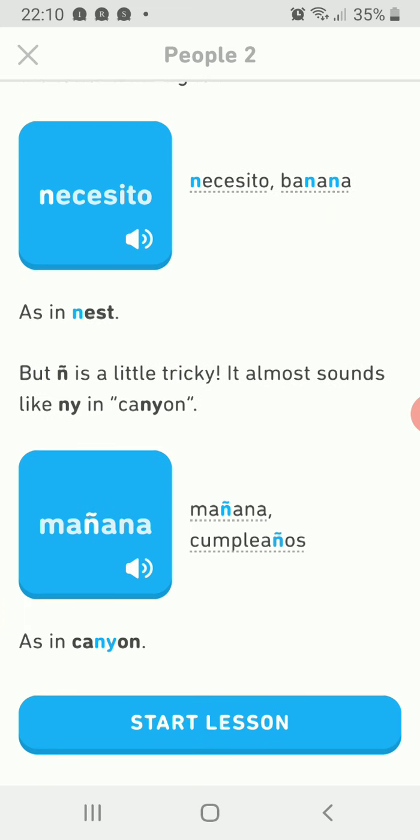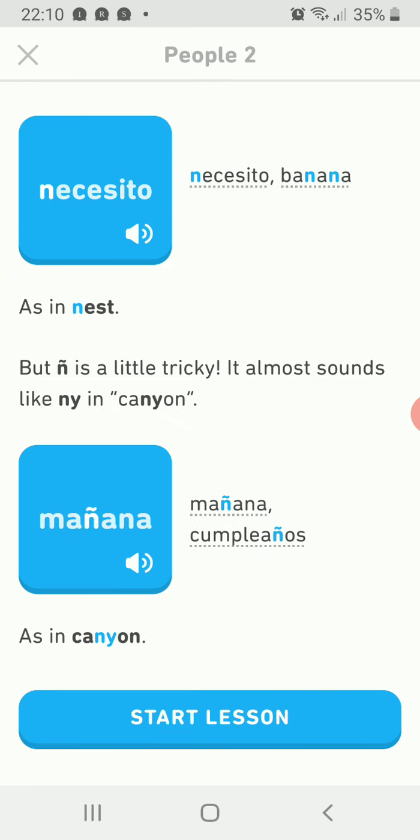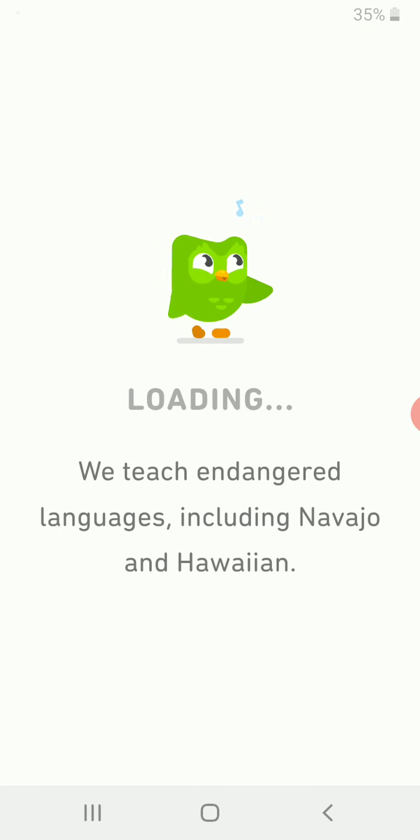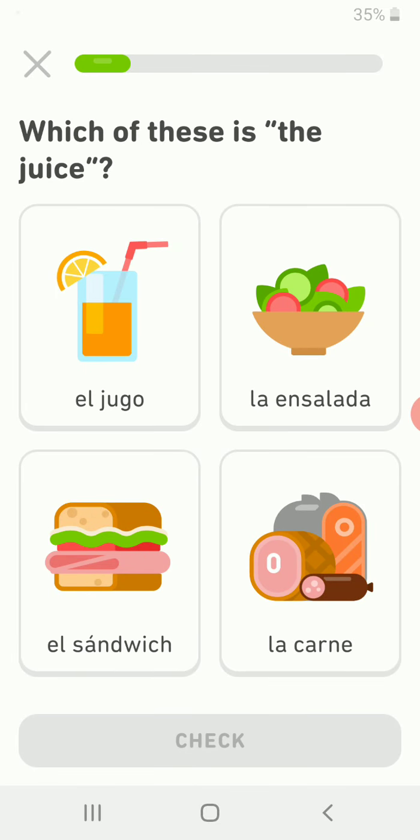The ñ is a little tricky. It almost sounds like ny in canyon. So mañana, cumpleaños. That's how you have to sound, putting the stress on the right syllable.